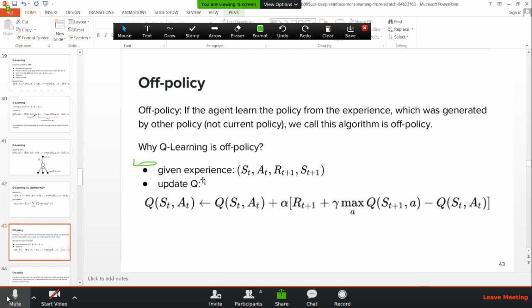The advantage of this is that you are reusing the policies you have stored. So it is sample efficient. That is one advantage of off policy.